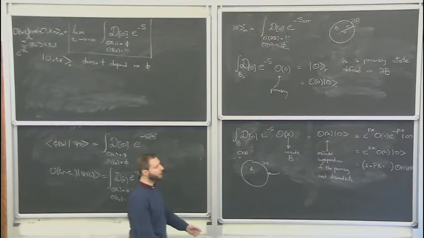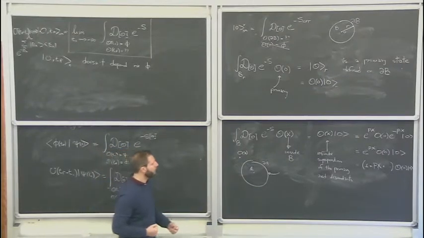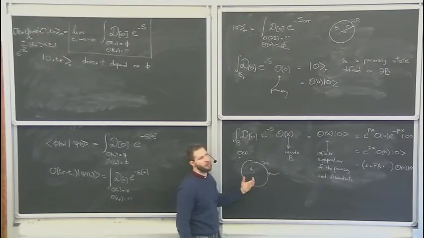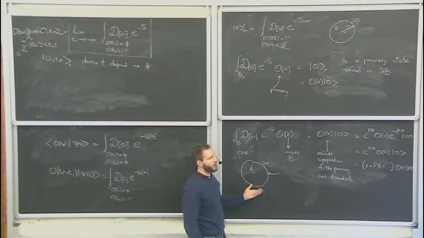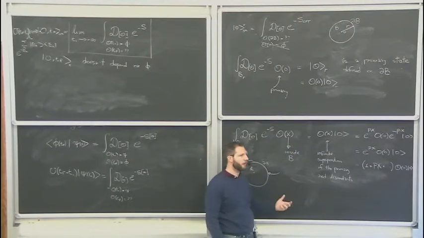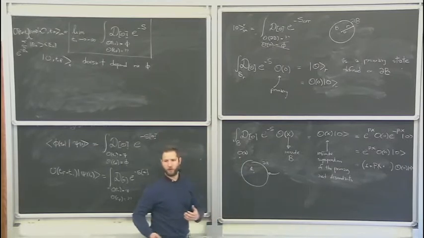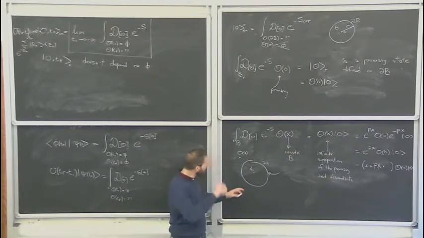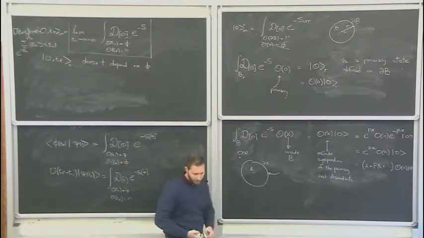But now I would like to do the reverse logic. So now we have assigned states given the operators, and now I would like to do the reverse. Given a state, I would like to show that this defines an operator, so that they're really in one-to-one correspondence. And how do we do that?